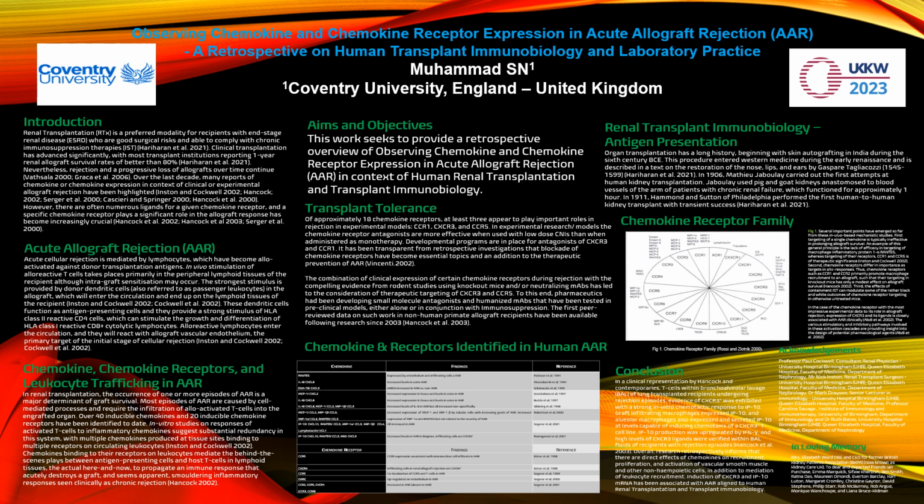Now, in line with transplantation tolerance, and also chemokine receptors and ligands: of approximately 18 chemokine receptors, at least 3 appeared to have played an important role in rejection in experimental models: CCR1, CXCR3, and CCR5.